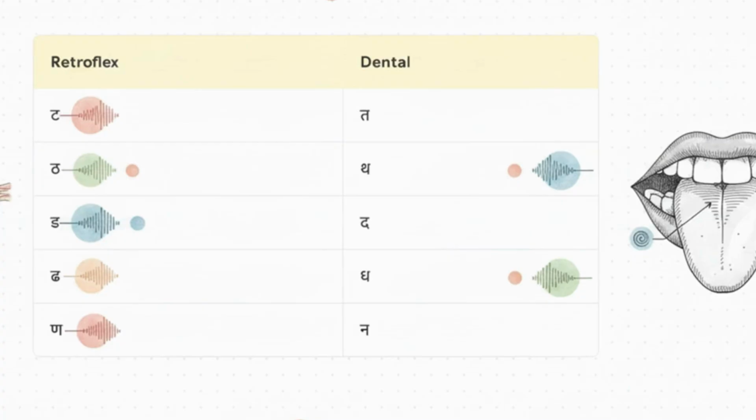The fourth pair, dha, dha, dha, dha. Excellent. Remember this simple difference. Ta vargaha is murdhanyaha or retroflex and ta vargaha is dental or dantyaha.